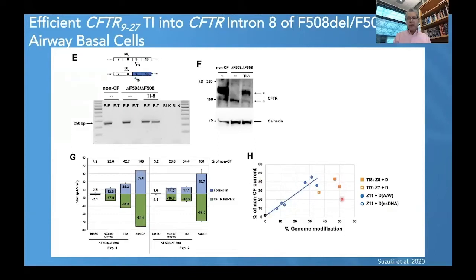So we wanted to see what was really happening with these bulk cultures, and in fact, to see whether we were observing the desired splicing specifically into the transgene sequences.